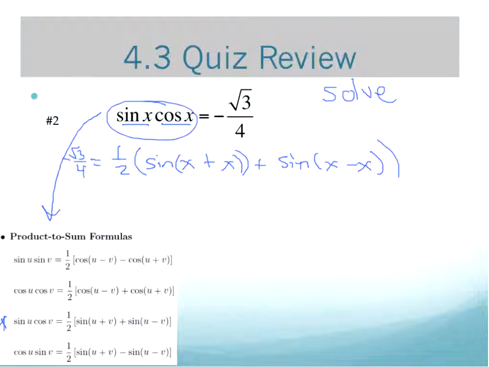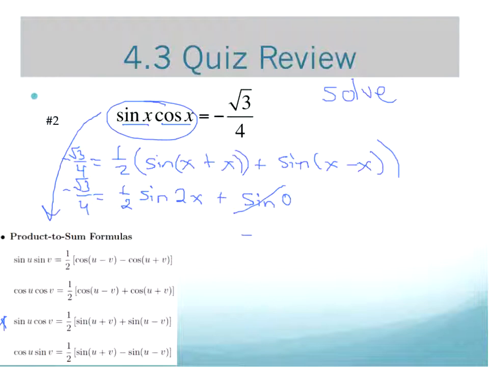So I'm basically just replacing this left-hand side with my product to sum formula. So from here, let's continue on down and simplify. So I'm going to get 1/2 sine of 2x plus sine of x minus x is sine of 0. What is sine of 0? 0. So I can just cross that off. That part totally goes away, which is pretty handy.